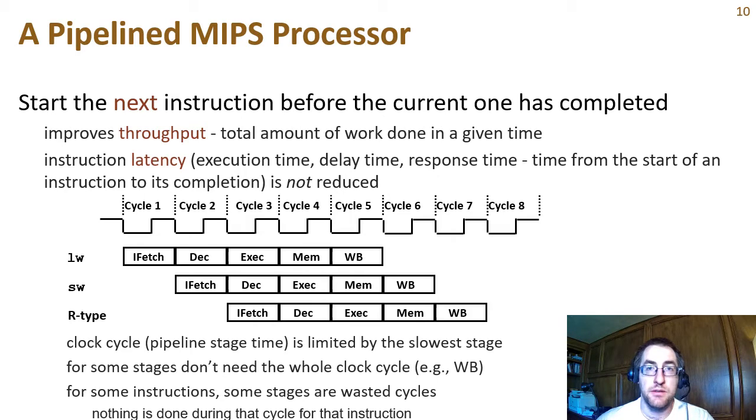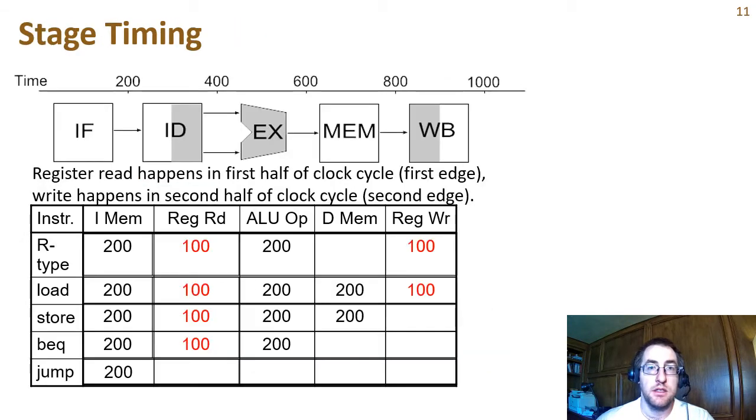And the reason for that is here. When we expand out each instruction stage to the same length, we have to increase some of them. So we're going to be adding some waste into each stage. So remember, the register read and register write take 100 picoseconds, but we actually expand out those stages to 200 picoseconds.